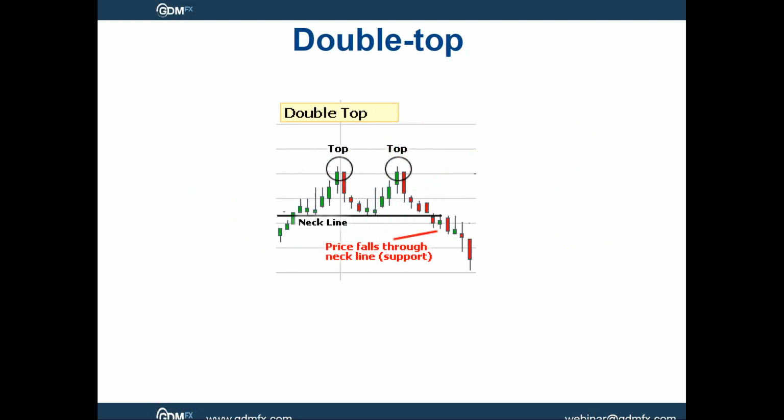Double top formation. It is obvious that if the formation itself is confirmed below the neckline, it's suggesting a downwards movement. So wouldn't you be absolutely sure that the price is going to go down? Of course you would. So that's how I'm sure that the price is going to go down on a double top formation.